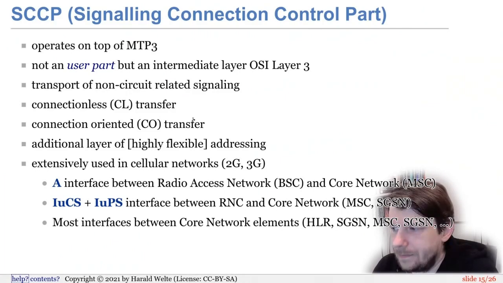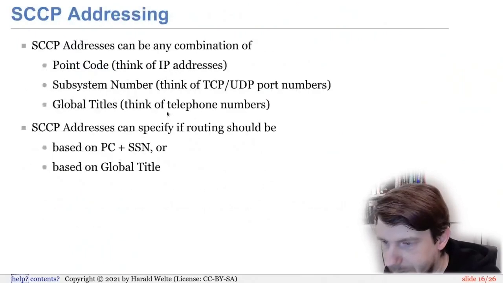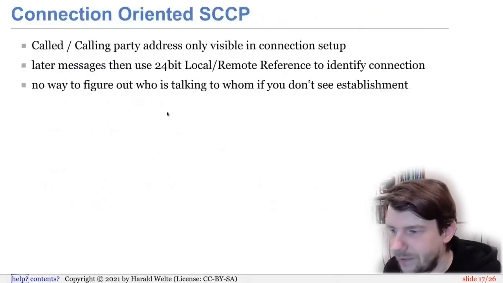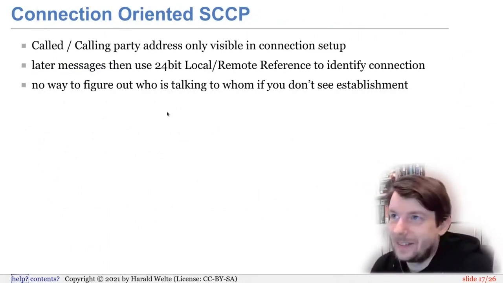You mean the 24-bit local and remote reference? Yes. So if you imagine you have a chain of like 10 machines, 10 signaling points, everybody has to. So the packet has to go to the same 10 machines every time, right?